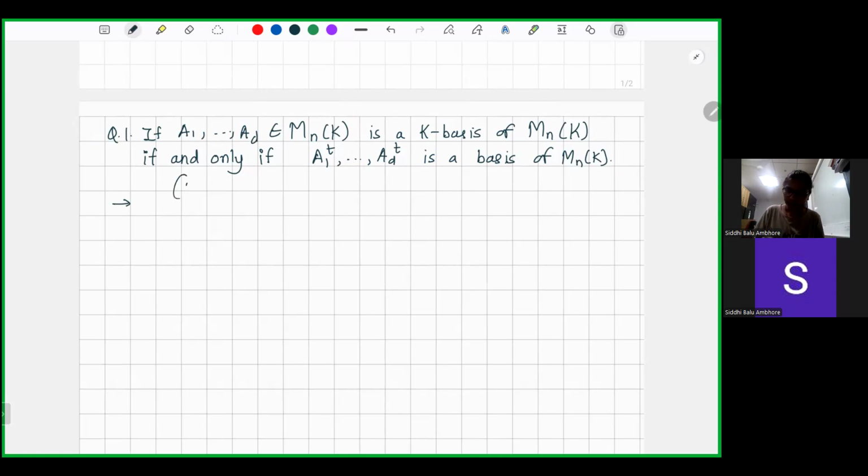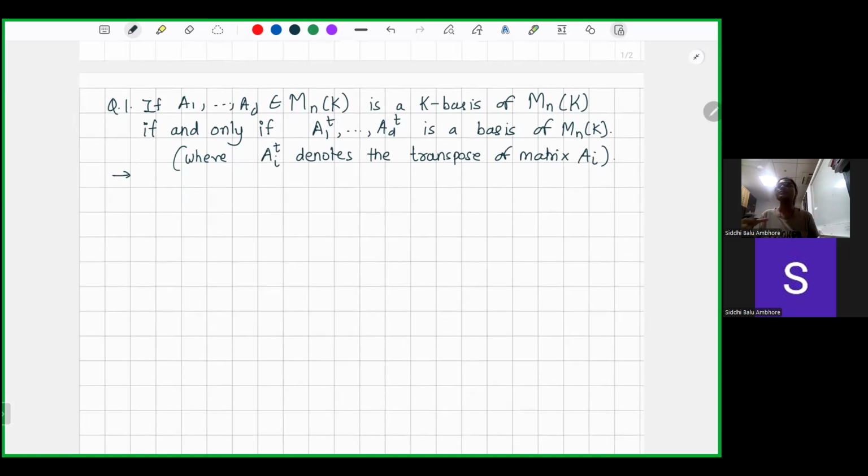Let me just write this, where this A_i^T denotes the transpose of matrix A_i, and this M_n(K) is all n cross n matrices over K, that is entries are from K. So we have to check that if a given set of matrices forms a basis for the vector space of matrices, then the transpose of those matrices will also form a basis for our vector space of matrices. That's what we want to prove.